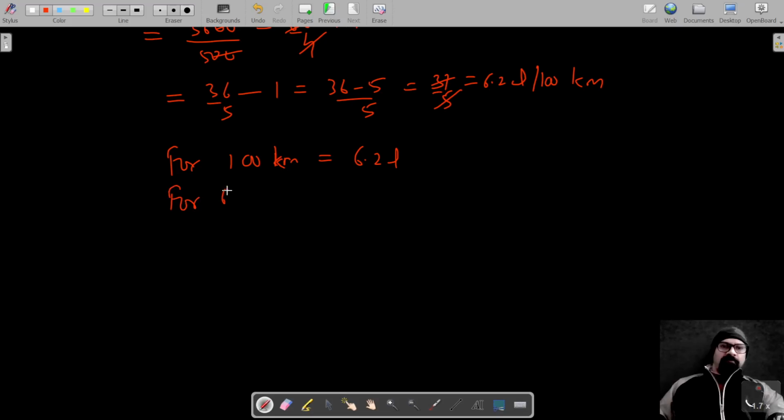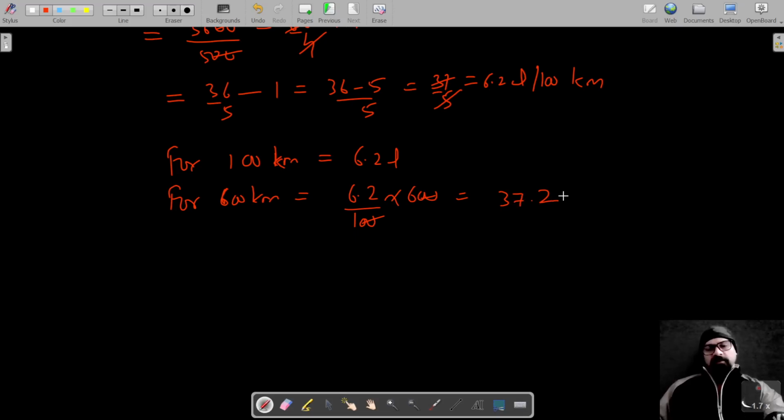And we have to find it for 600 kilometers. So for 600 kilometers, that should be 6.2 by 100 into 600, which gives me 37.2 liter.